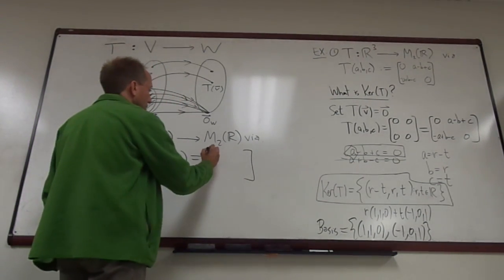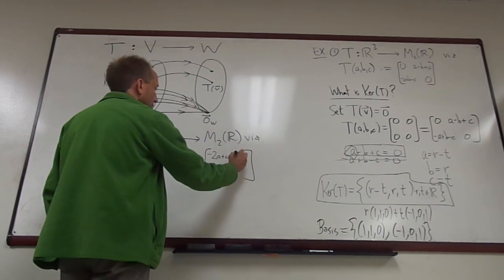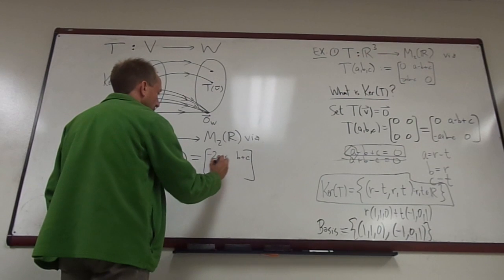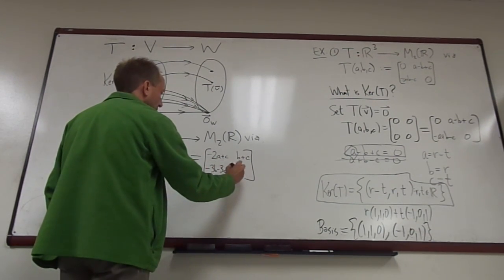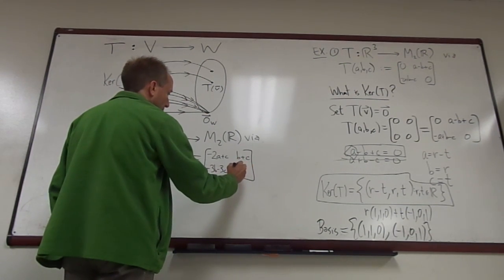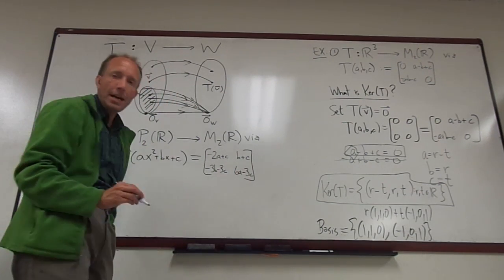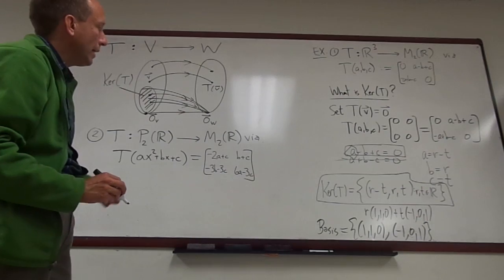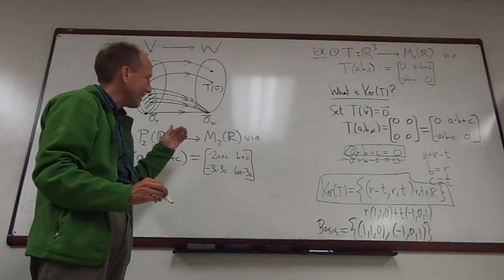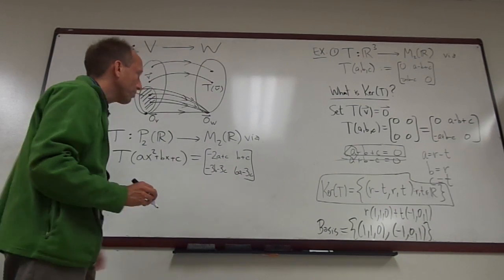Let's say I go to negative 2a plus c, and here I go to b plus c, and here I go to negative 3b minus 3c, and here I go to, oh, I don't know, how about 6a minus 3c, something like that. Again, take my word for it that this is actually linear. This respects addition and scalar multiplication.